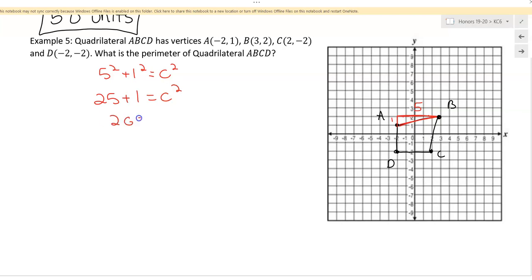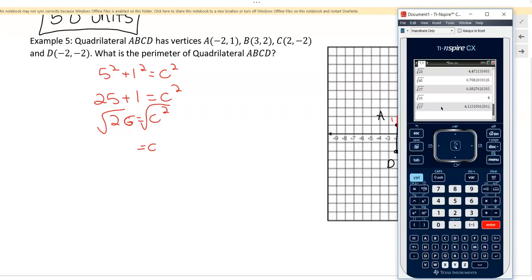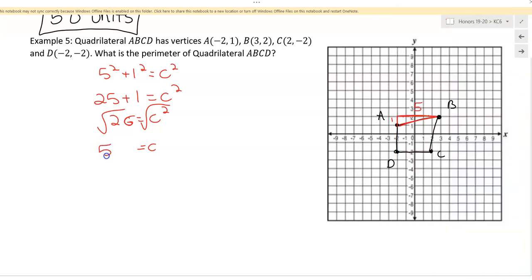That's 26. And if I take the square root, the square root of 26 is 5.10, right? I'm going to bump all that up. So that's A to B.